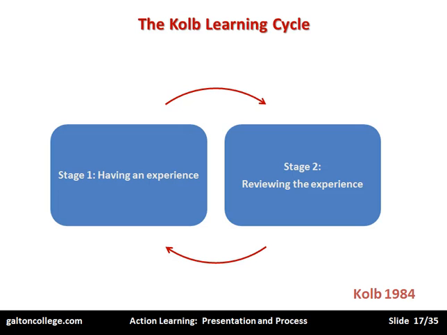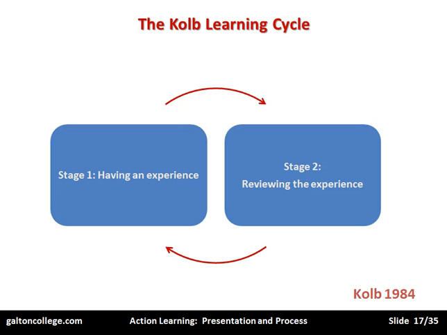Stage 2, review the experience. Think about the experience. What happened? What caused it? How can it be fixed? It could be perhaps resetting everything. We'll go back and fix it. Or was there something more fundamental? Or was there something missed? If it is a machine that's broken down, was it used wrongly?